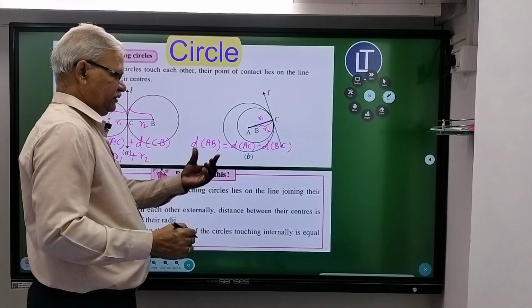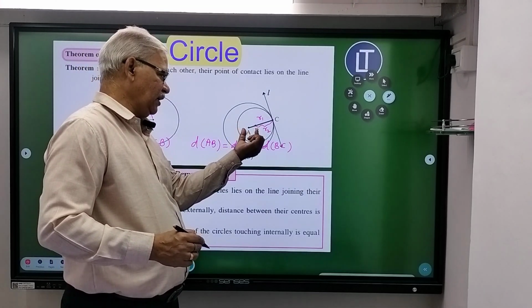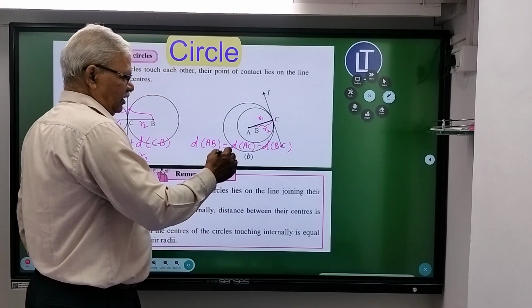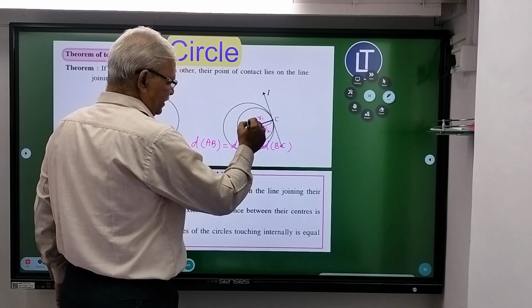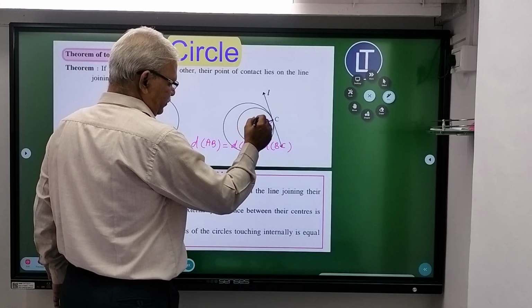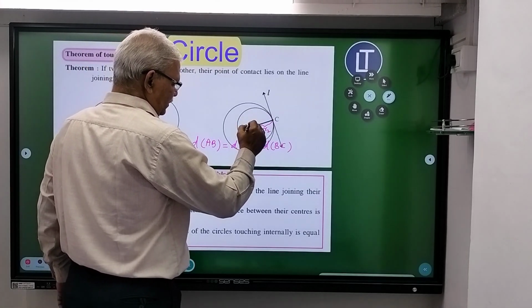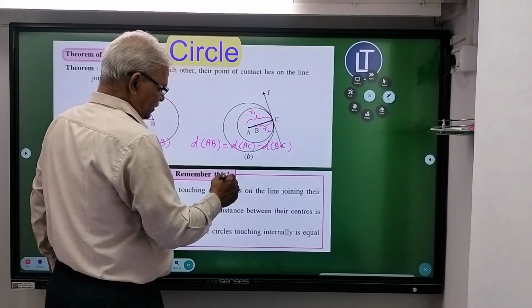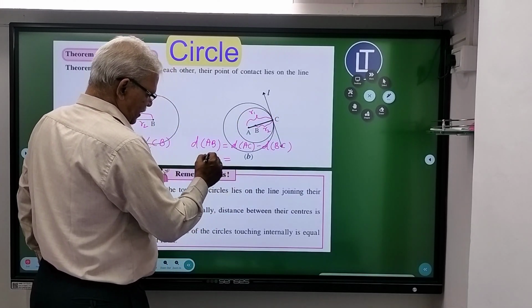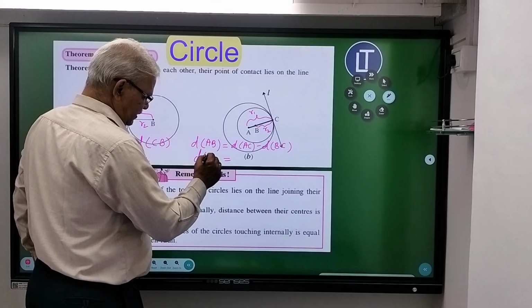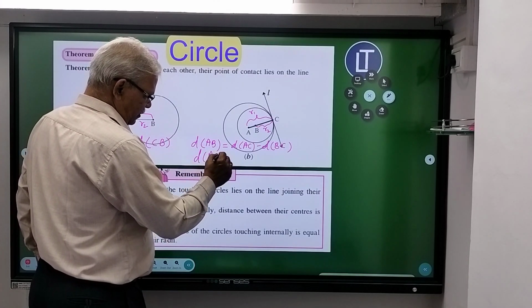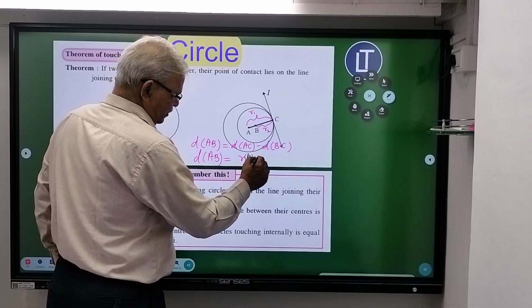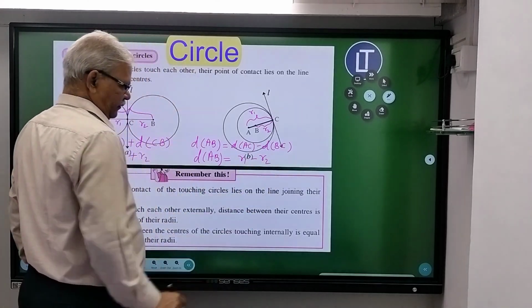This distance AB is equal to AC minus BC. So distance AB is equal to R1 minus R2.